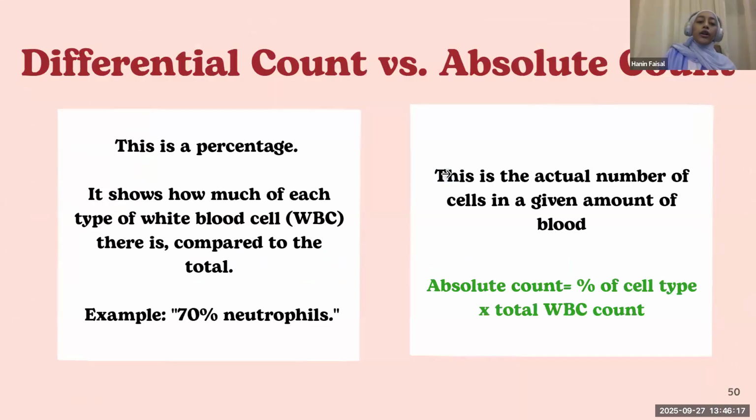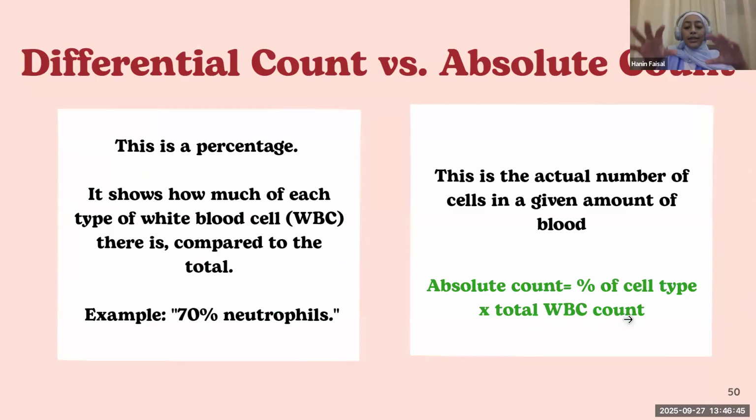Okay. Now, another concept I want you to know is the differential count versus the absolute count. Differential is basically just the percentage. It shows you how much of this type of white blood cell is present. For example, neutrophils are the most abundant, at 70 percent. But if I want to know the actual amount of each white blood cell, you have a formula: you take the percentage of the cell type, let's say 70% for neutrophils, multiplied by the total white blood cell count.